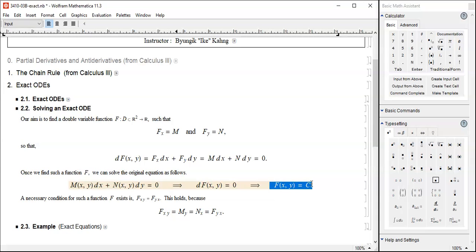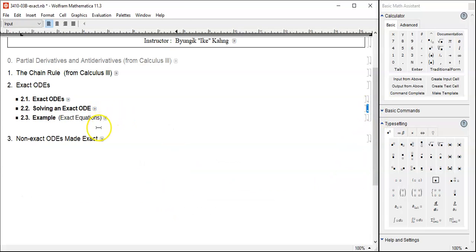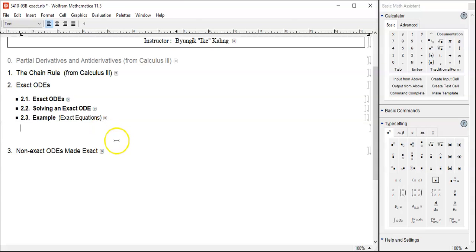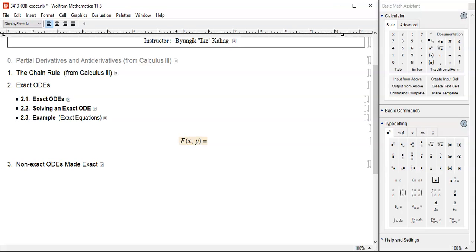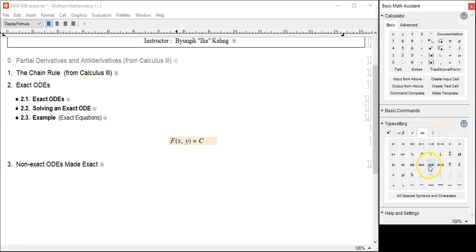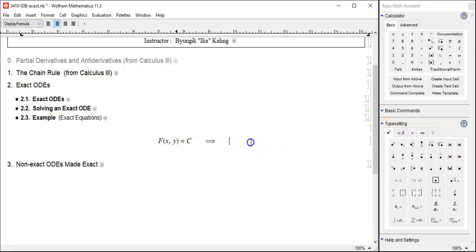Now, if there's a solution like that, what will that mean? If we have an implicit solution like this, then it is possible to take the derivative and we are going to get this.